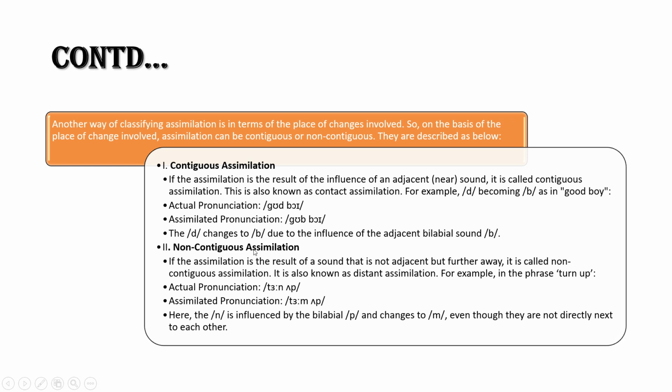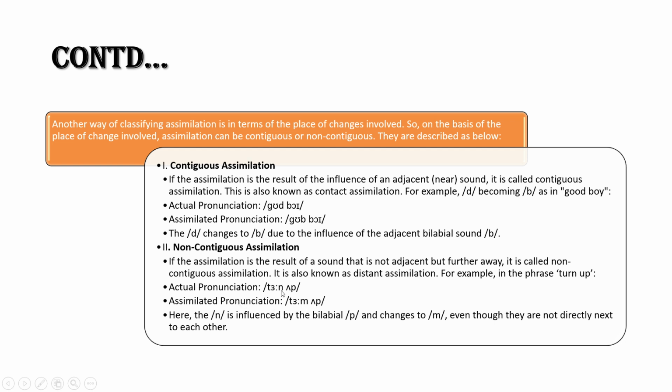And next is non-contiguous assimilation. If the assimilation is the result of a sound that is not adjacent, meaning near, but somewhere far or further away, it is called non-contiguous assimilation, and it is also known as distant assimilation. One is contact assimilation and the next one is distant assimilation. For example, in the phrase turn up, actual pronunciation is turn up, but assimilated pronunciation is turm up.